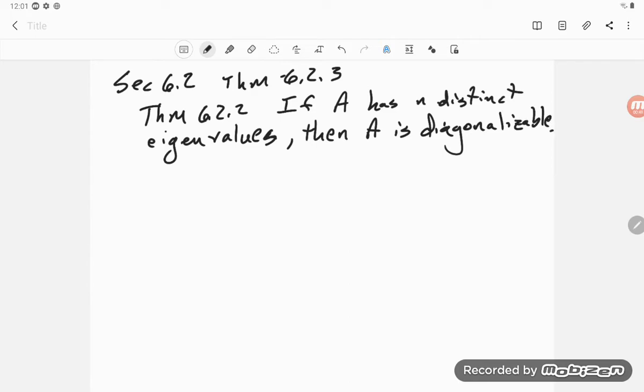So that was just the generalization of theorem 6.2.1, where they did it with 2x2 matrices.